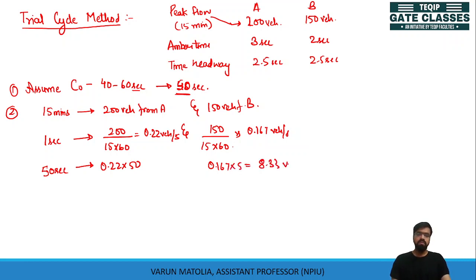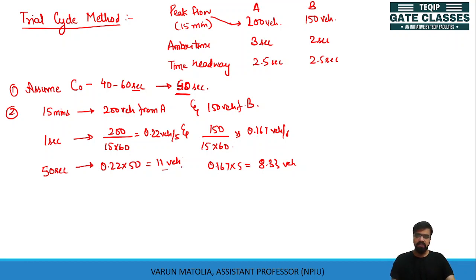That is 11 vehicles from A and 8.33 vehicles from B in 50 seconds. So if we allow 11 vehicles during the 50 second of cycle time, it is satisfactory, because this will maintain the flow as it is already required in peak duration.